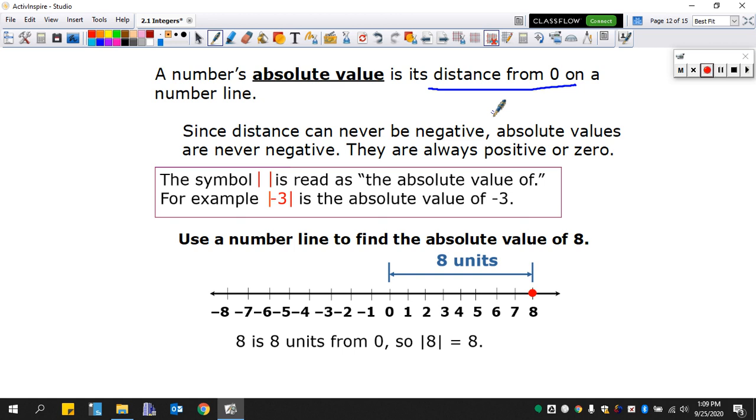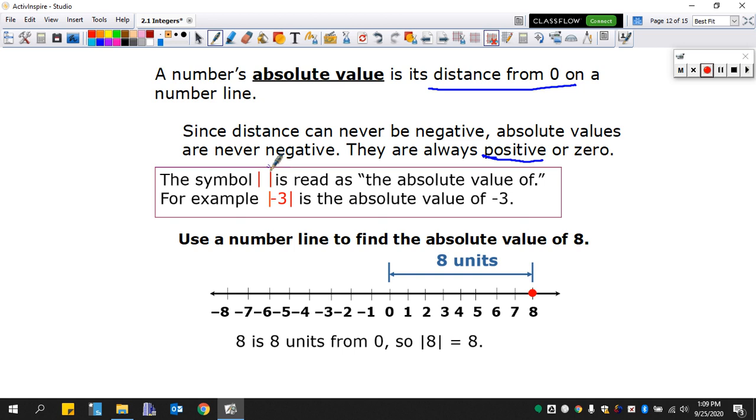If you say, oh, well, then I can go backwards, well, that would be a direction, not a negative distance. So distance can never be negative, so absolute values are never negative. They're always positive, or in the case of 0, the absolute value of 0 is 0.